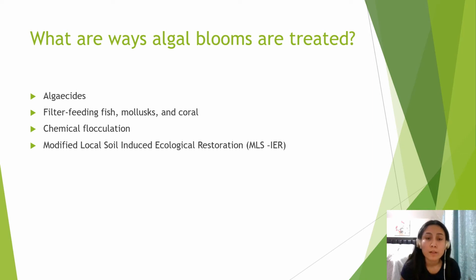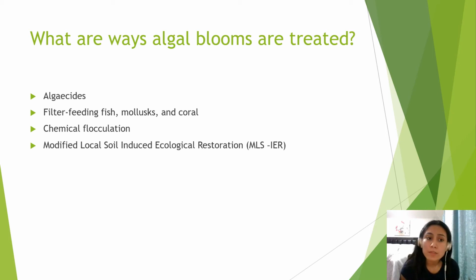Another form algal blooms can be treated is through chemical flocculation. So flocculation is basically the clumping together of algae, and once it clumps together, it sinks down to the bottom of the body of water. And they do this through chemicals, which isn't natural, and it could have an adverse effect on other organisms in the bodies of water.